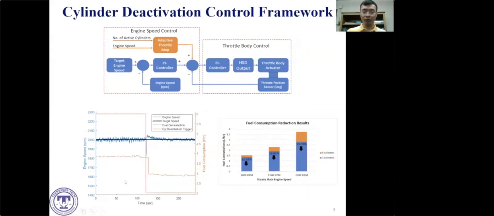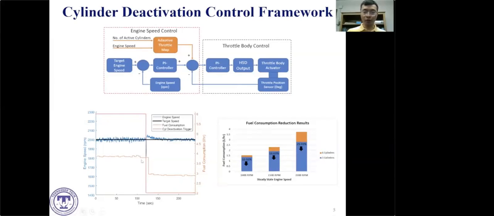The figure on the lower left shows the engine speed at different numbers of active cylinders, the 6-cylinder operation versus 3-cylinder operation. As we can see from this figure, engine speed is controlled within a very narrow bound.